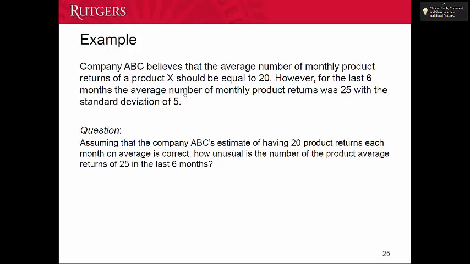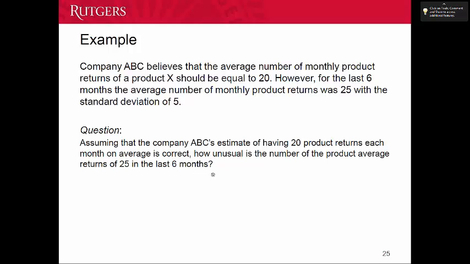However, for the last 6 months, the average number of monthly product returns was 25, with a standard deviation of 5. The question is, assuming that company ABC's estimate of 20 product returns each month on average is correct, how unusual is the average of 25 product returns in the last 6 months?